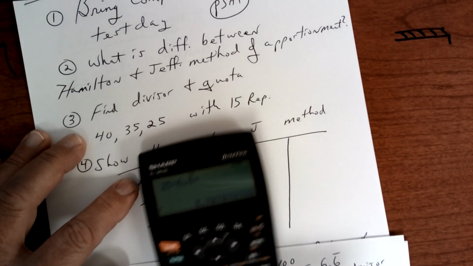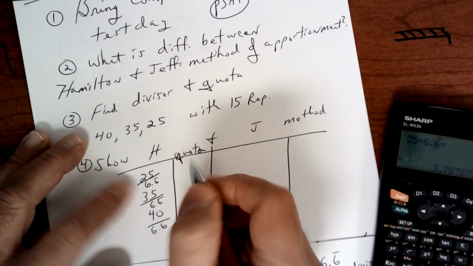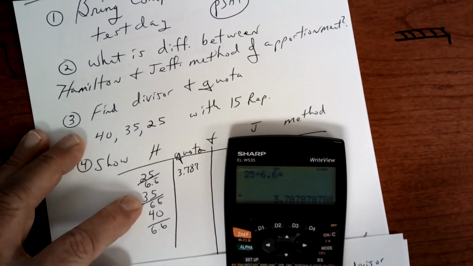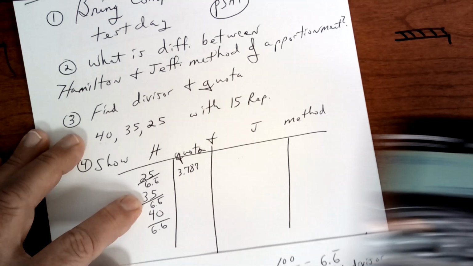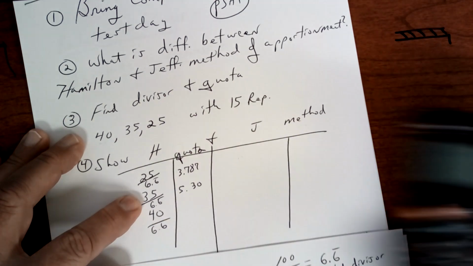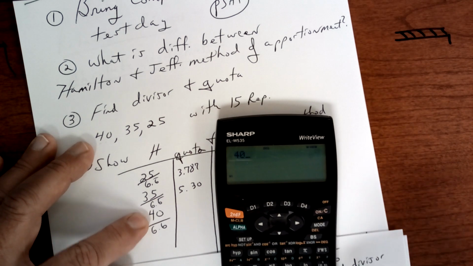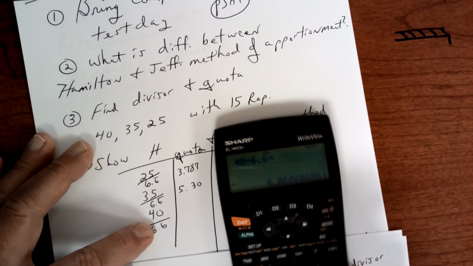I get 3.787. 35 divided by 6.6, I get 5.30. Okay, and then finally 40 divided by 6.6. I get 6.06.